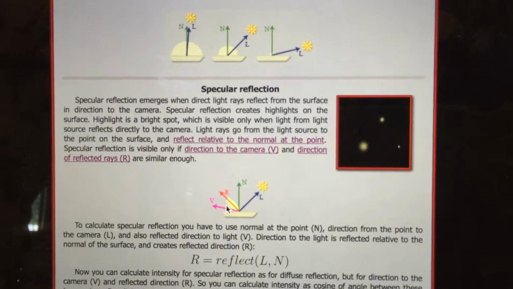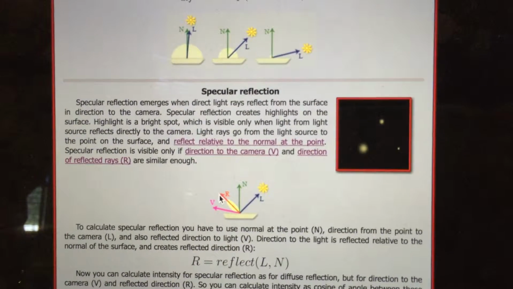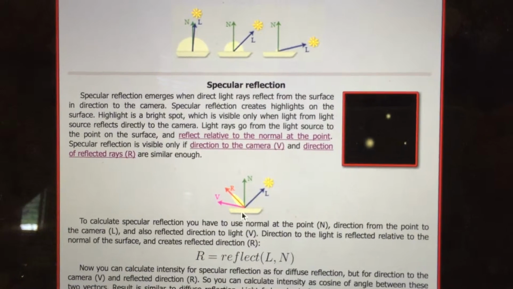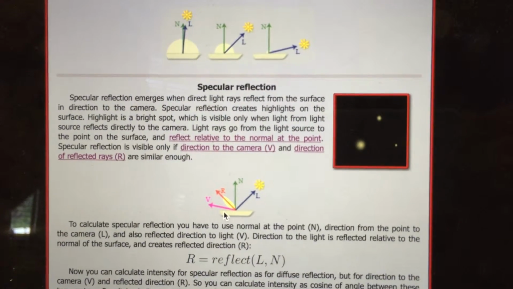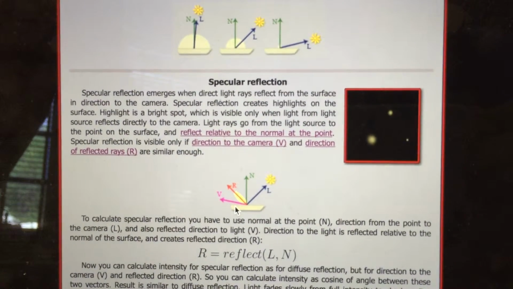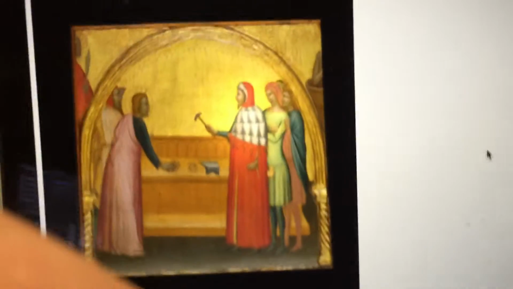The specular light intensity is calculated by the cosine of the angle between the reflection direction and this V vector. This is the theorem that we use for our final project, and here I'm introducing Yuhan to show you how it works.